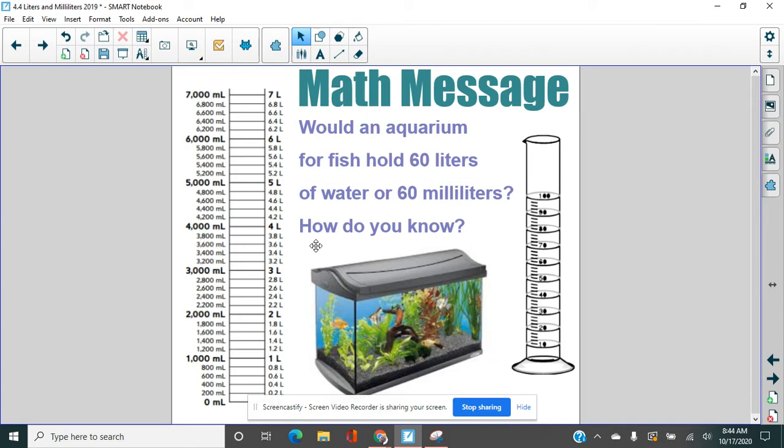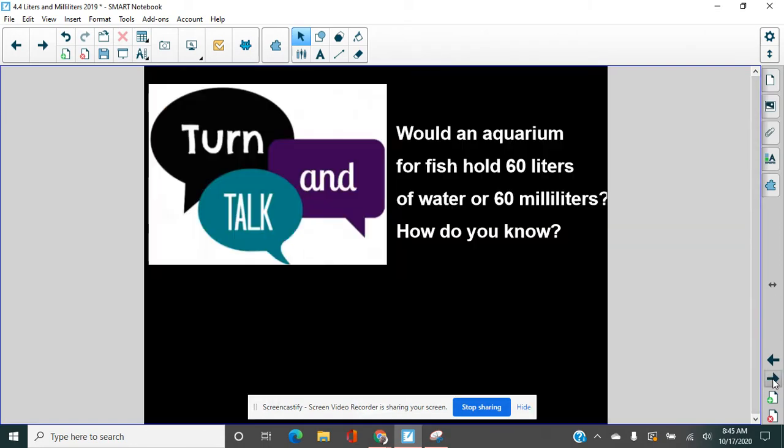How do you know that it would be 60 liters, not 60 milliliters? Well, think about it. If you just had this graduated cylinder, and it's quite small, and you only had 60 liters, only filled up to here, that would not be enough room for a fish to live, that's for sure. So we're going to need 60 liters of water here.